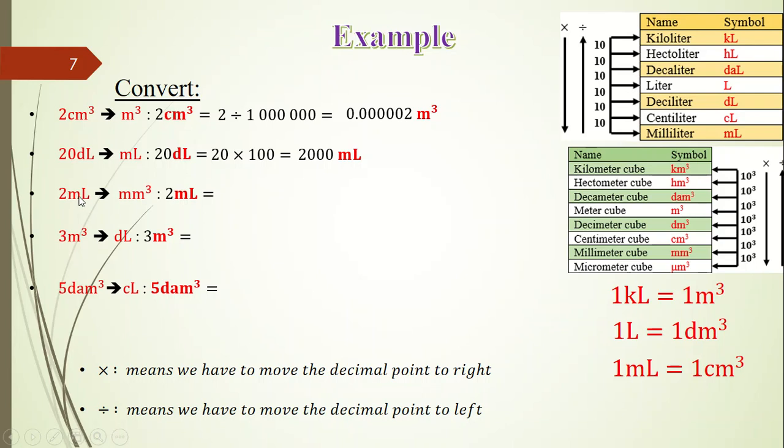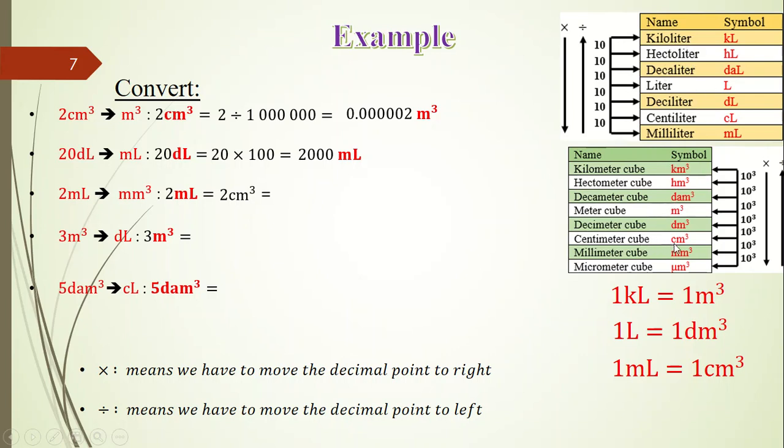Now, to convert from 2 milliliter to millimeter cube, here we are converting from the first table to the second. If you are converting from the first table to the second, we need one of these three formulas. Okay? We know that milliliter is equal to centimeter cube from this formula here. So instead of writing 2 milliliter, I can write 2 centimeter cube. Now I switched from the first table to the second.